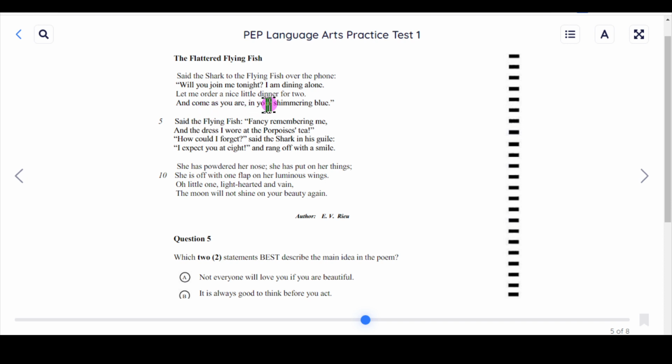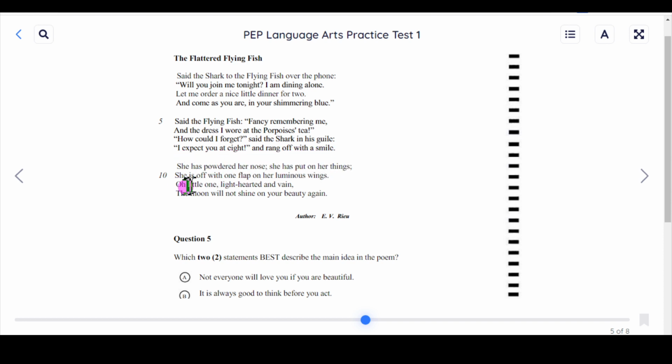And come as you are in your shimmering blue." Said the flying fish, "Fancy remembering me, and the dress I wore at Porpoise's tea." "How could I forget?" said the shark in all his glee. "I expect you at eight," and rang off with a smile.